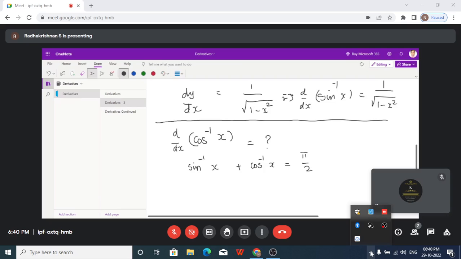Okay, you can check it out. If you take x equal to half, then sin inverse of half is 30 degree, or pi by 6. Cos inverse of half is 60 degree, or pi by 3.